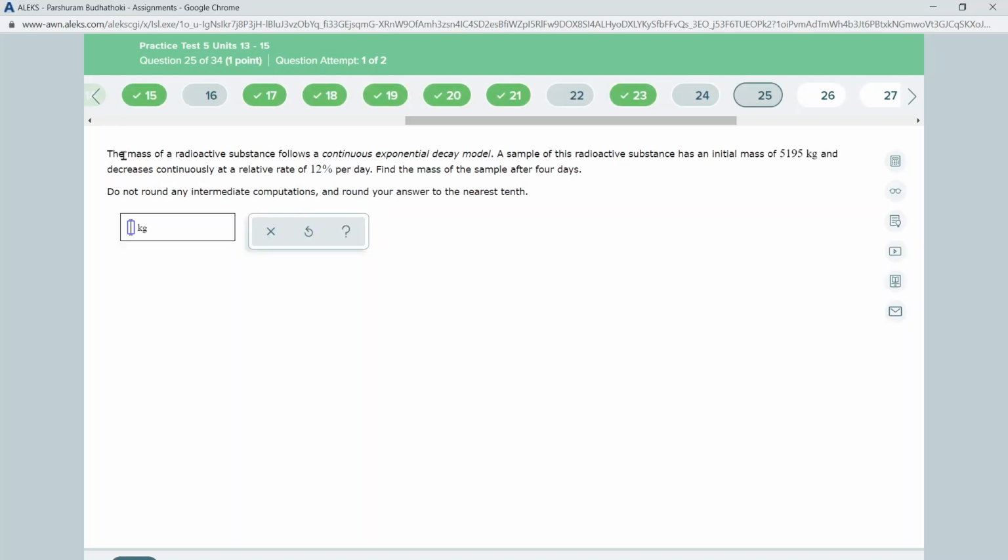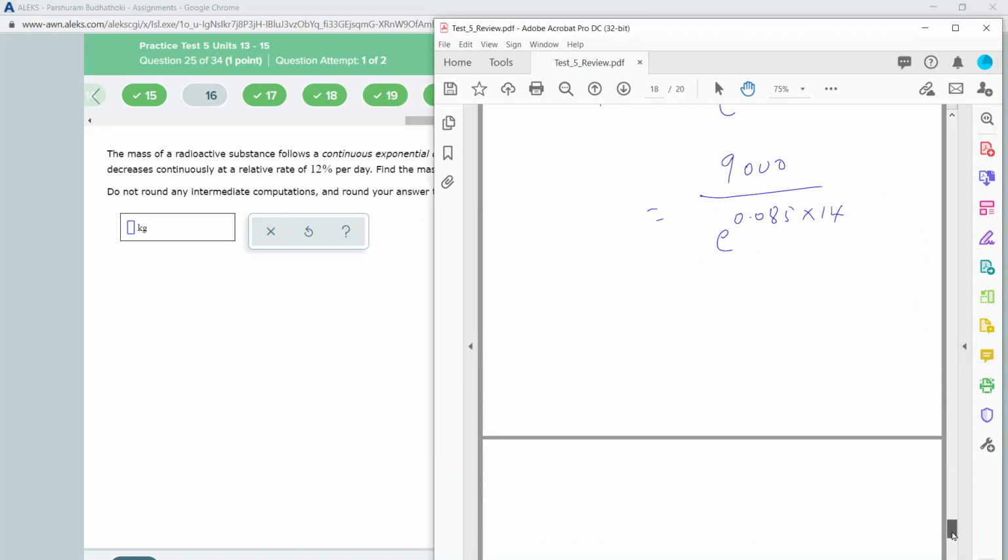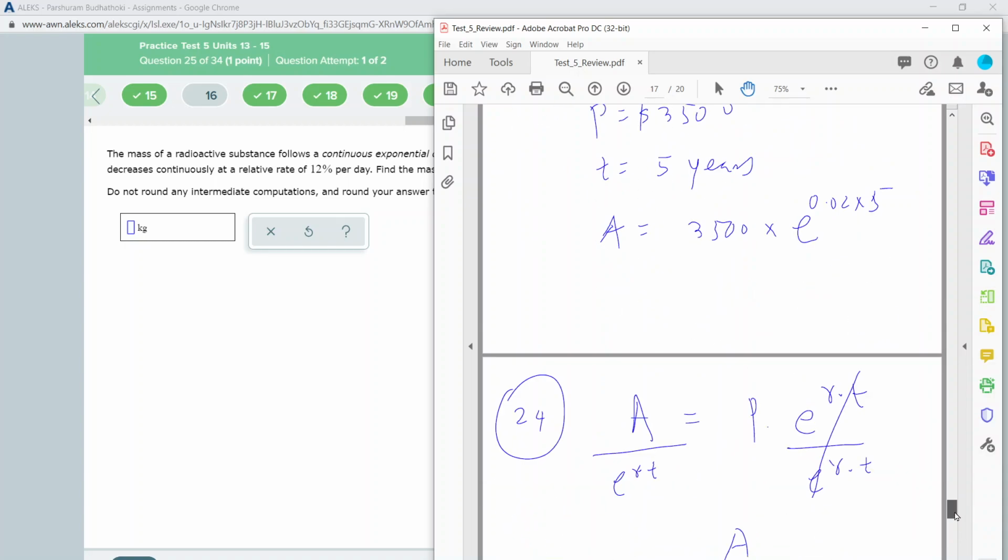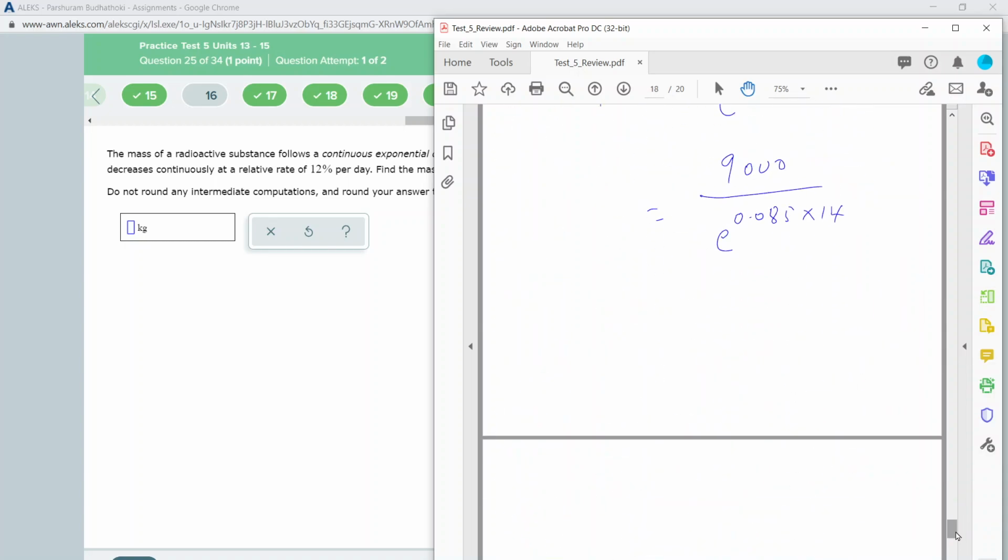The mass of a radioactive substance follows a continuous exponential decay model. So whenever you have continuous exponential decay or growth, you're going to use the same formula, but with a negative exponent: A equals P times e to the power negative r times t.